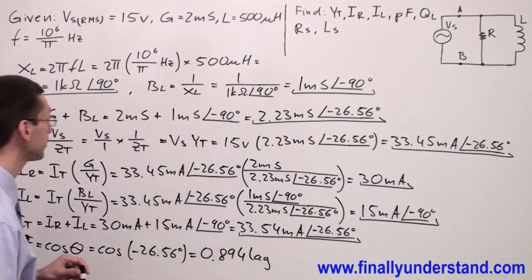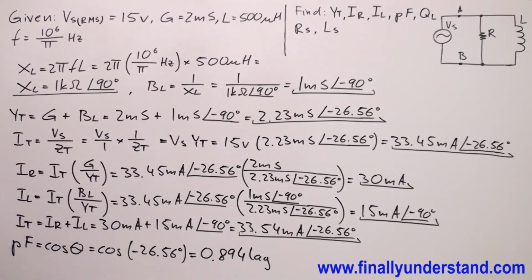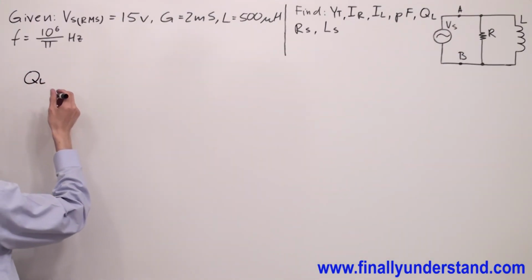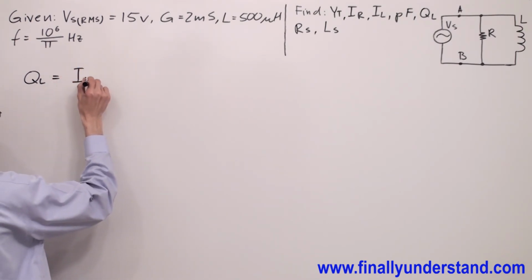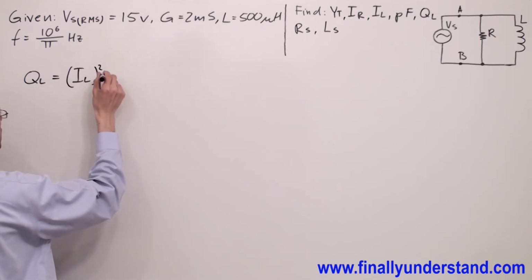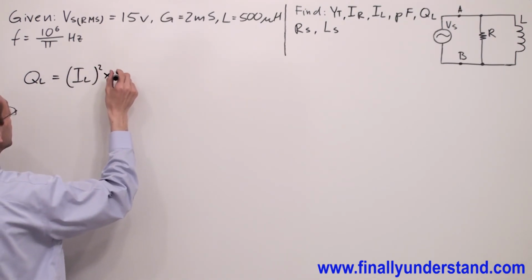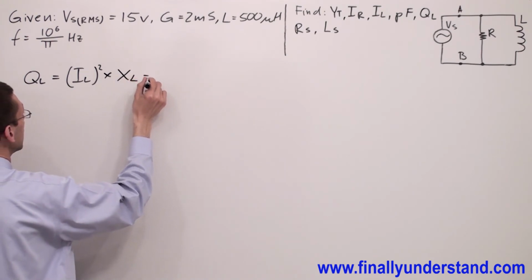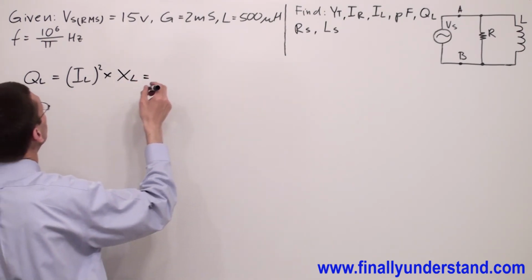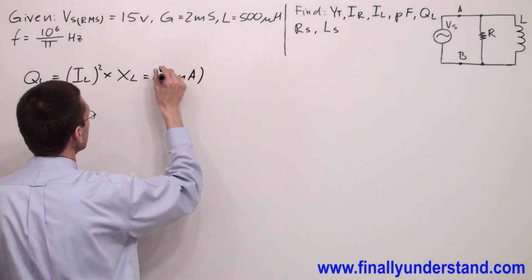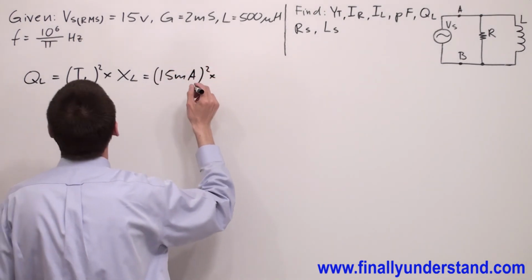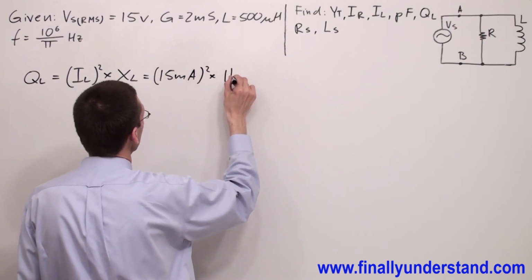Okay. So next, we're supposed to find QL. QL, reactive power, is equal to IL to the second power times X of L, where IL we found is equal to 15 milliamps, I have to raise this to the second power, times X of L, which is 1 kilo ohm.